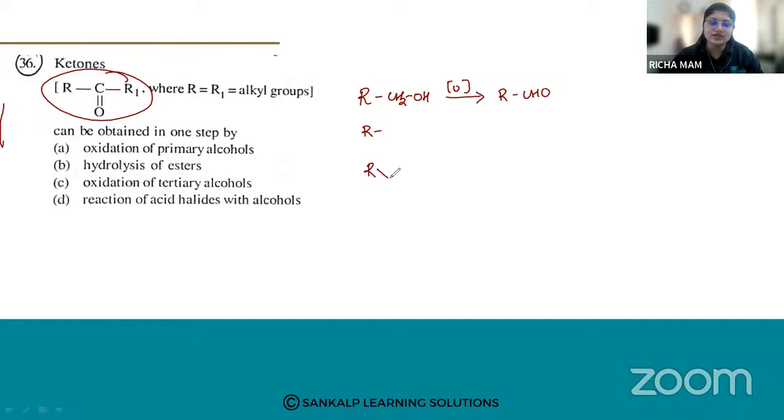But when you have a tertiary alcohol and you do oxidation with a stronger oxidizing agent, it will form a ketone.